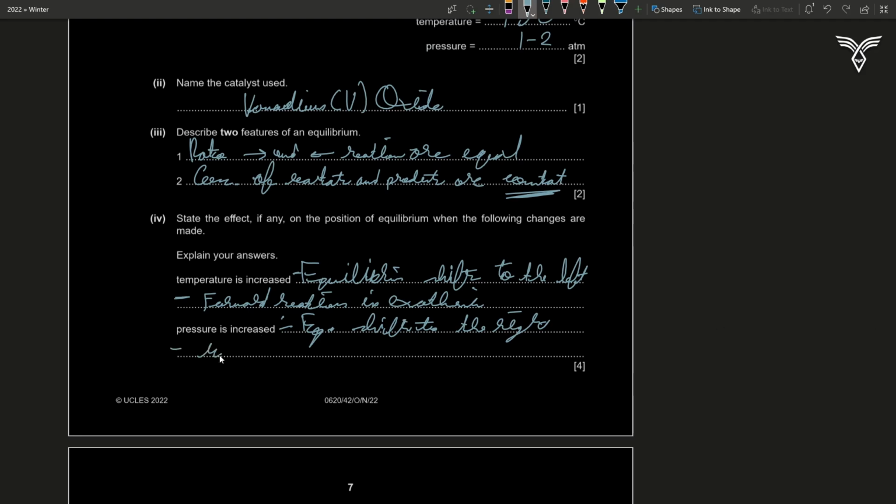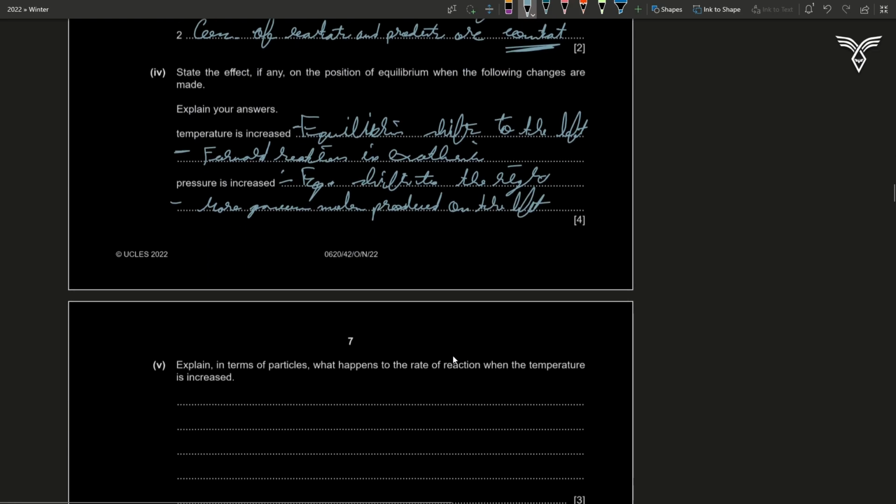Because more gaseous moles produced on the left hand side.